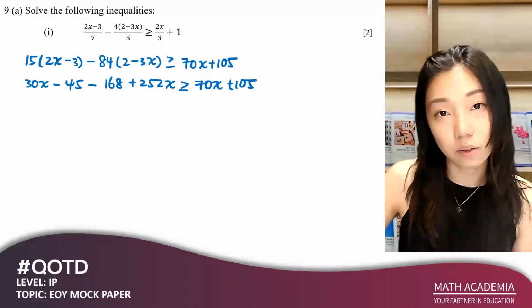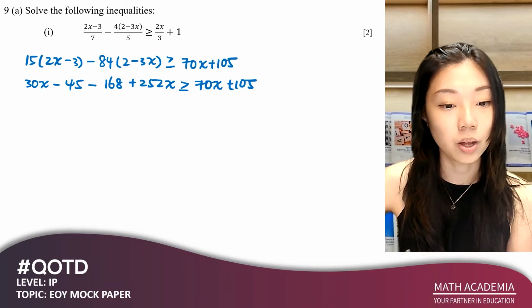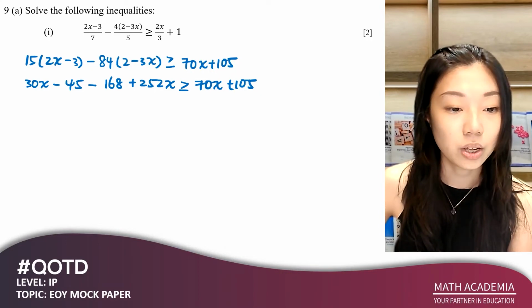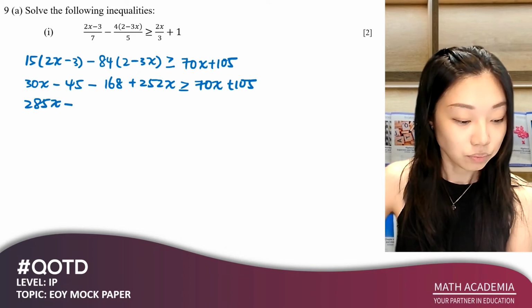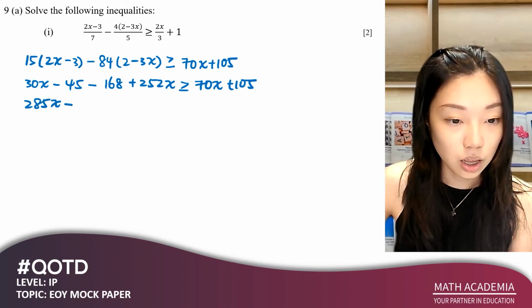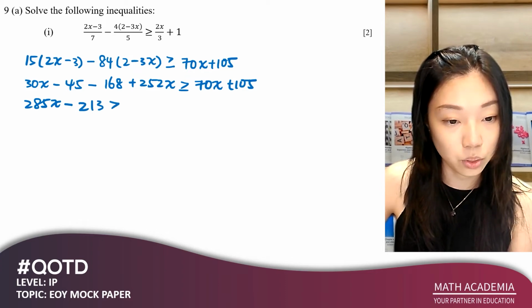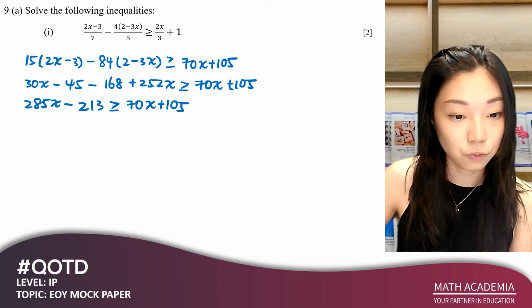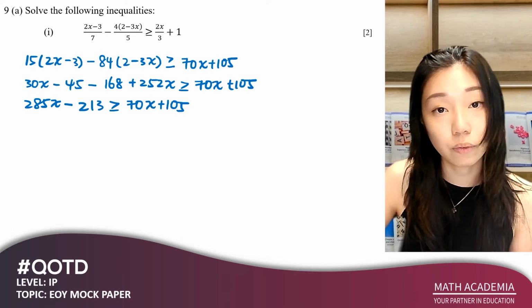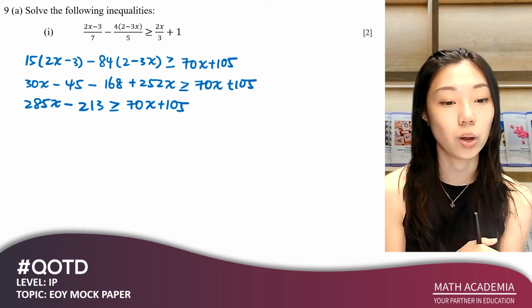Before I even move any of my terms, let's simplify them to the simplest form first. So I have 285x minus 213 is more than or equal to 70x plus 105. Let's shift the terms around where I want to isolate the terms with x on one side.